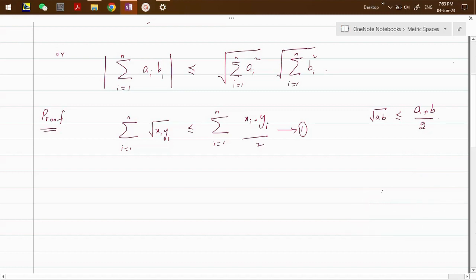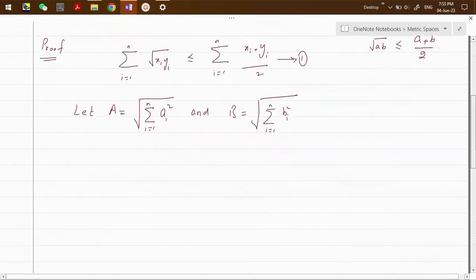Now we suppose that a is equal to root of summation i from 1 to n ai square and b is equal to root of summation i from 1 to n bi square.